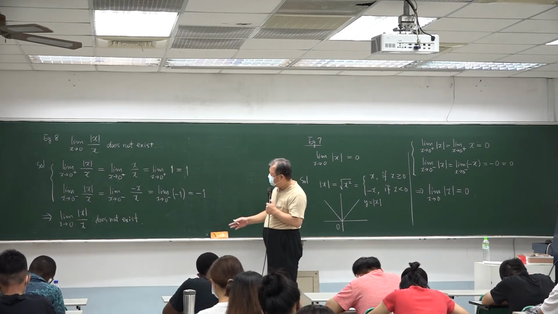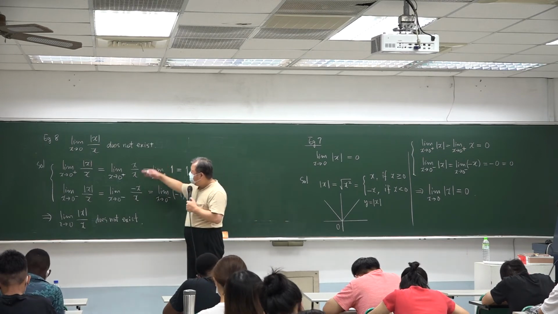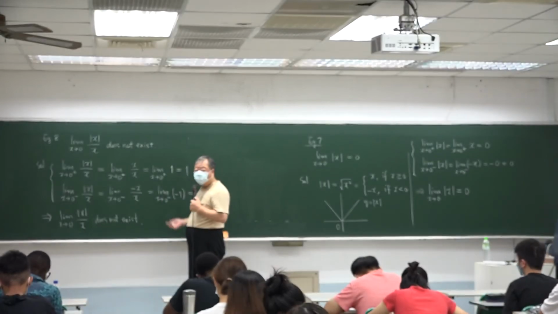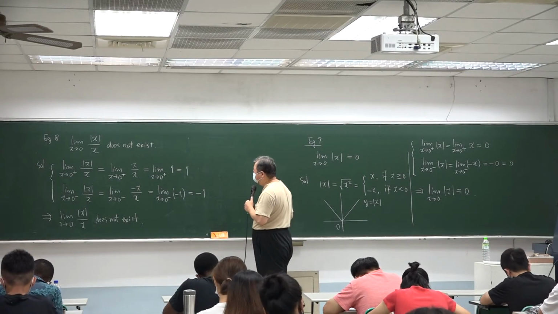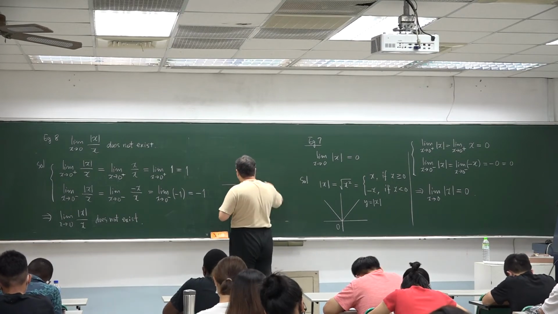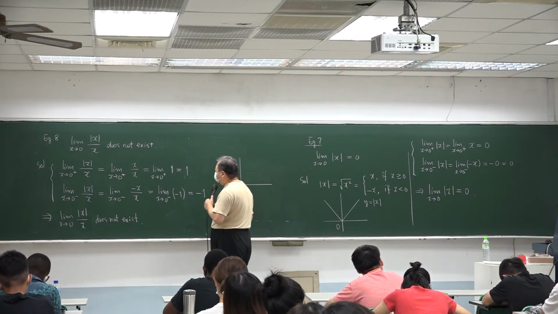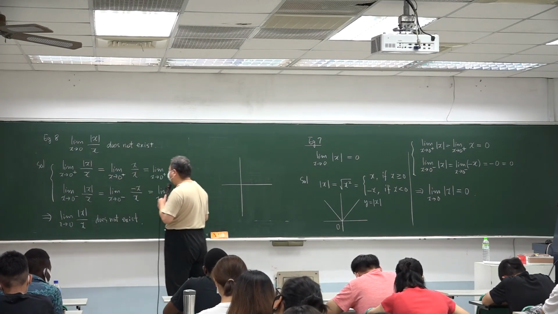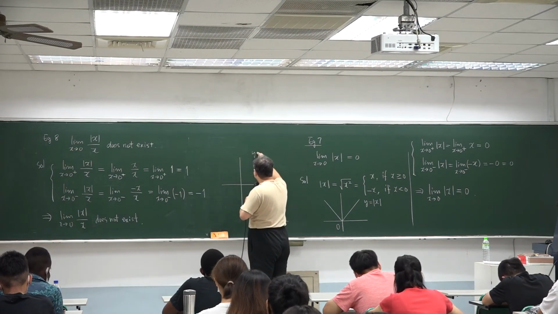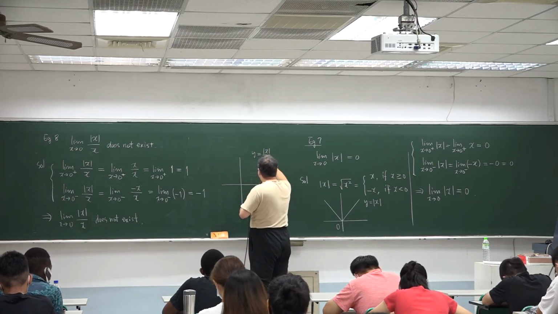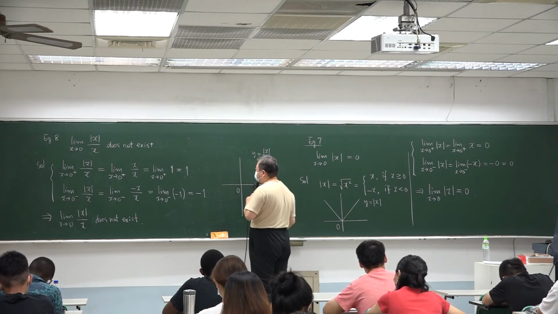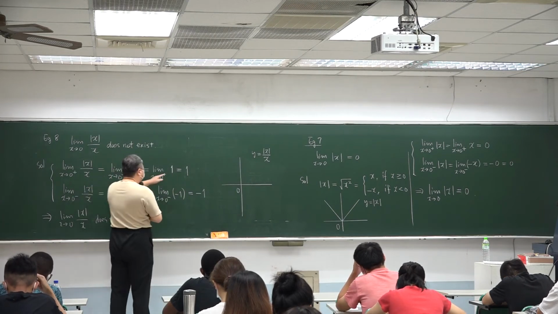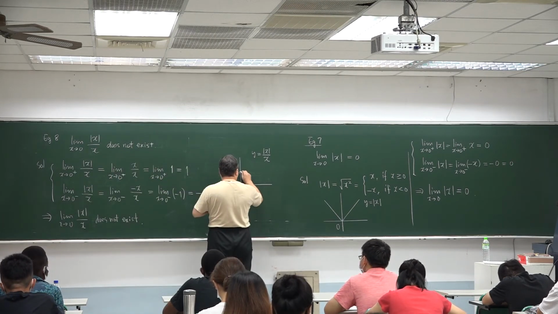This limit exists if and only if these one-sided limits exist and have the same value. Here we realize the graph of this function at 0 is undefined, and when x is positive, this is a part of a constant function.